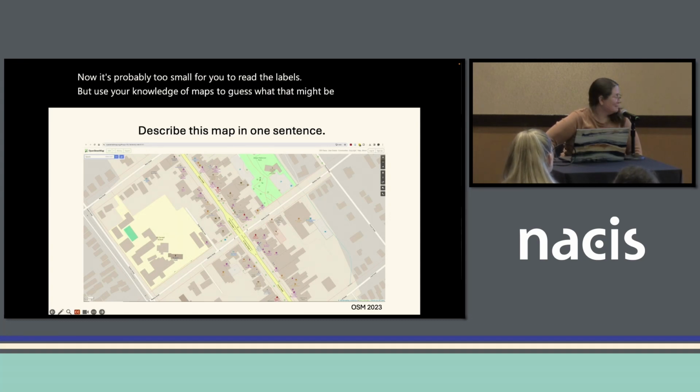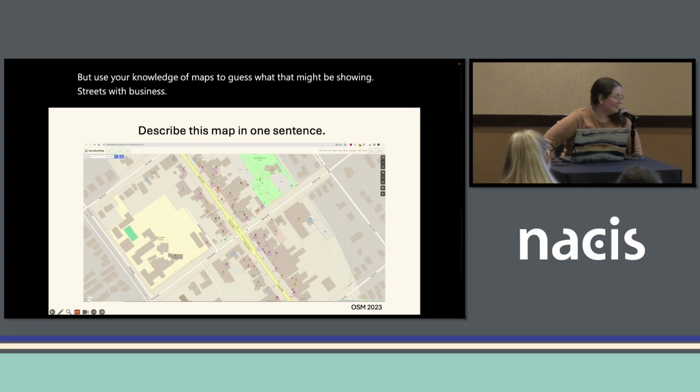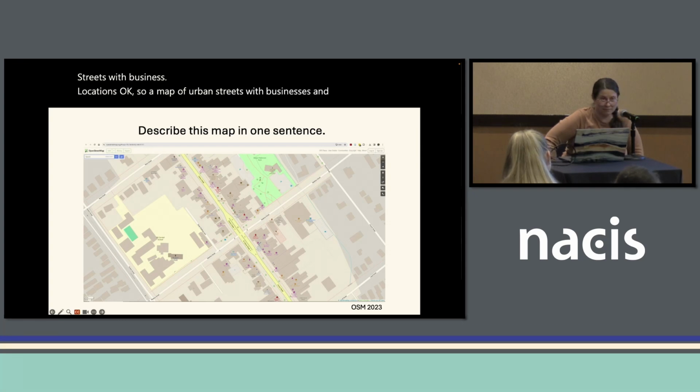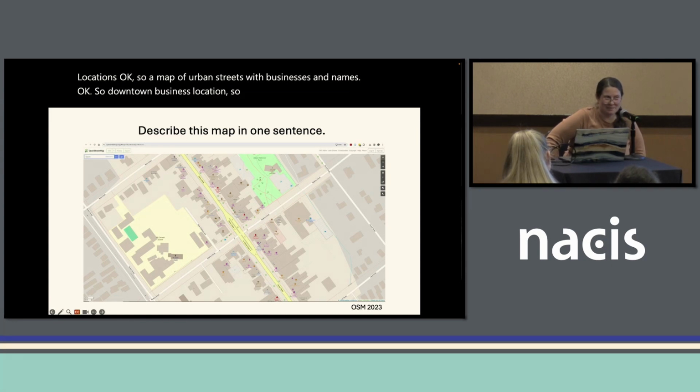Map of urban streets with business locations and names. Okay, so a map of urban streets with businesses and names. Downtown business locations. Okay, so you're identifying it as a downtown area. Yep.